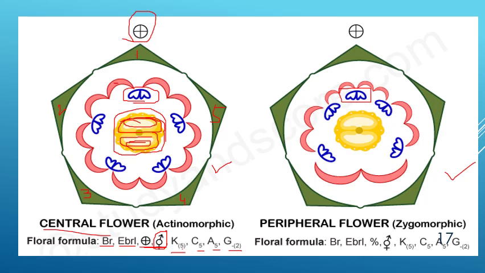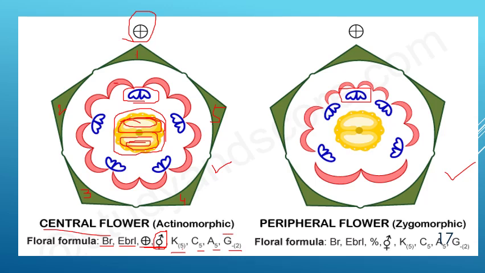They are syncarpous. In addition to this, because the ovary is inferior, we put a line on the top of this gynoecium. This line indicates that the flower possesses an inferior ovary.